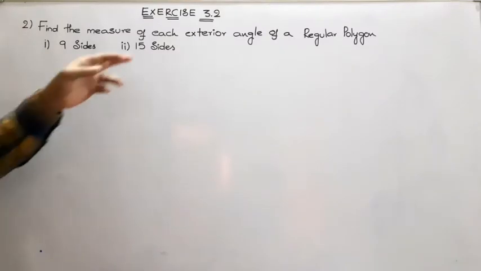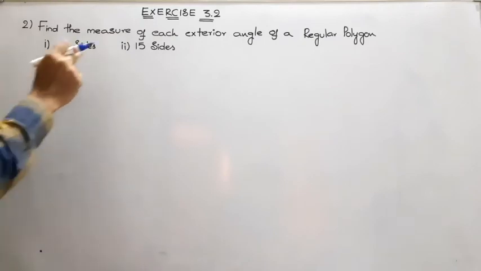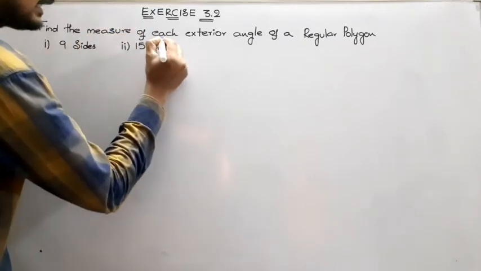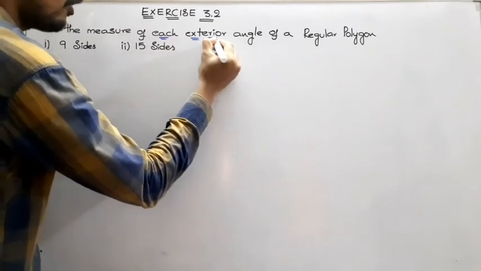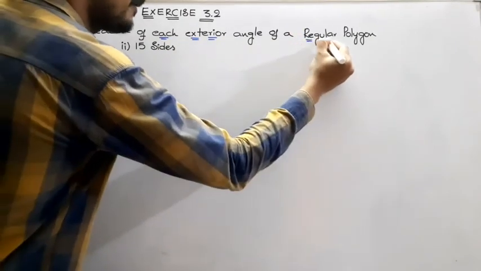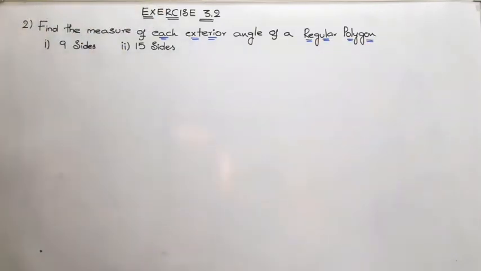So today we are going to continue our exercise 3.2 starting with second Roman. Very easy problems. Find the measure of each exterior angle of a regular polygon. Regular polygon.